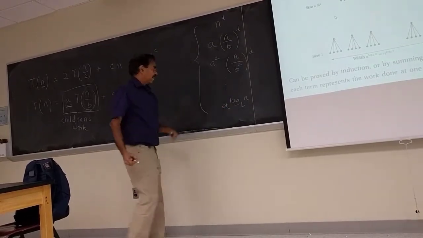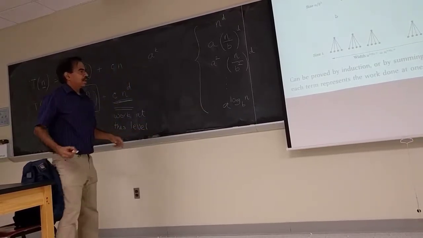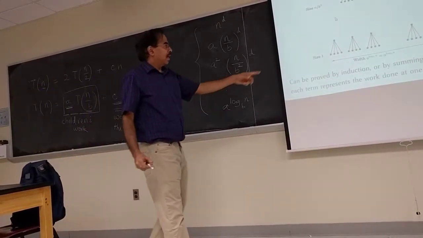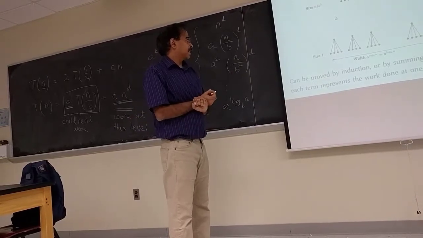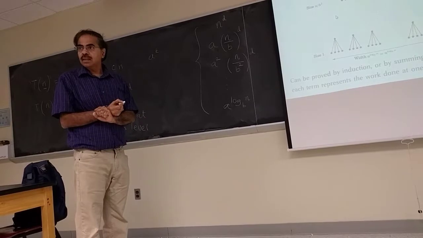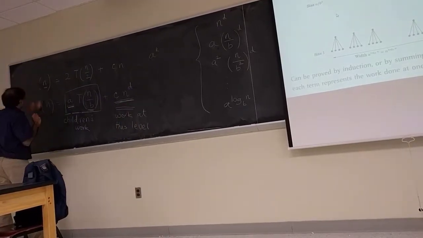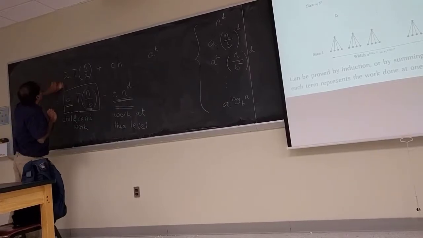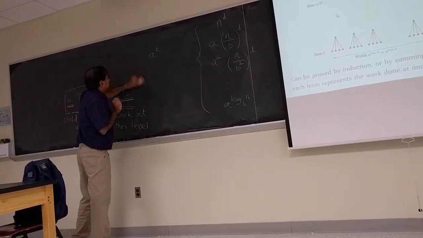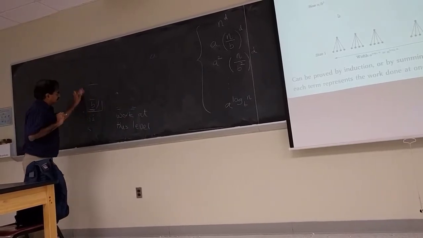Notice that from the definition of log, a to the power log b to n is the same as n to the power log b to a. Okay, so why is that? For the moment, take it as a given.